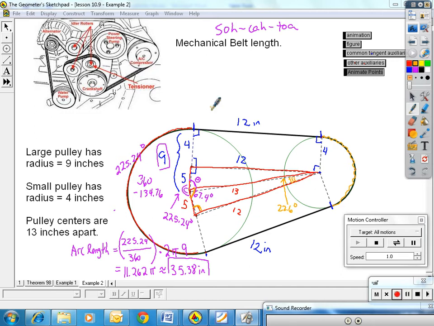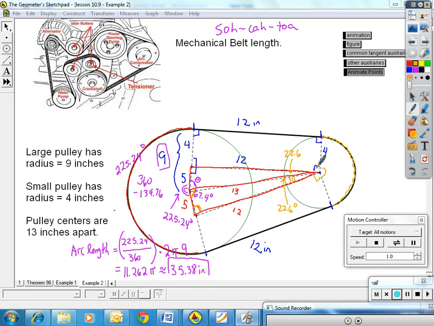Now, I'm going to double that angle because what do I want? I want to find this angle measure here. Well, this is 90 degrees. This is 22.6, and this one right there is 22.6 as well, because those are congruent triangles. So now I have 180, that's 90 and 90, plus 22.6 twice.